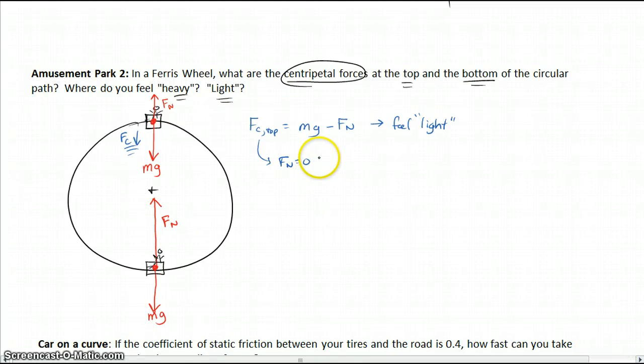In this case, when the normal force is 0, your weight is the centripetal force, which means it's equal to mv squared over r. And since your mass cancels out, you can actually solve for what velocity that is. Turns out to be the square root of rg. That is what you need to do to find out how fast this thing needs to spin around until you are just coasting through the top there. But that's kind of an advanced aside. I just wanted you to see that.